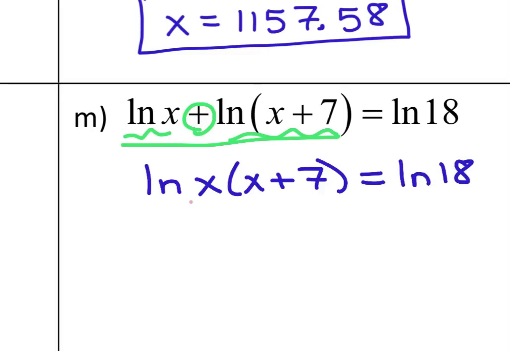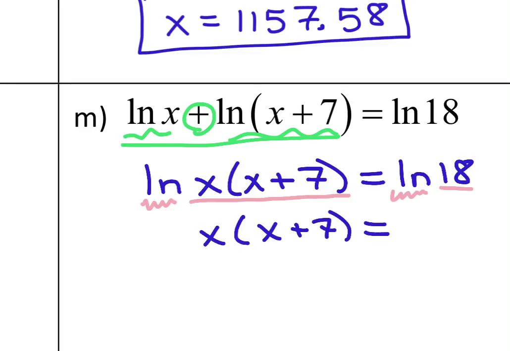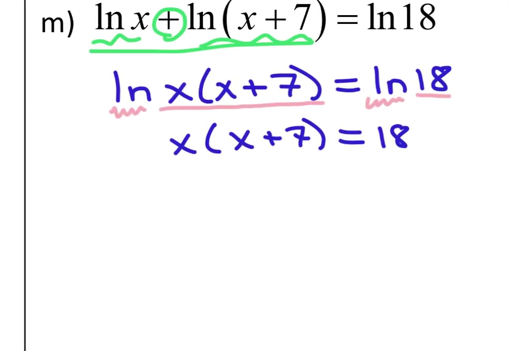And now I have log of something equals log of something. And because the logarithms are equal, you can assume that the arguments are equal. So really my next assumption is x times x plus 7 is equal to 18. That's going to be x squared plus 7x equals 18.